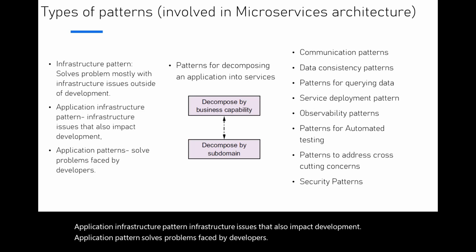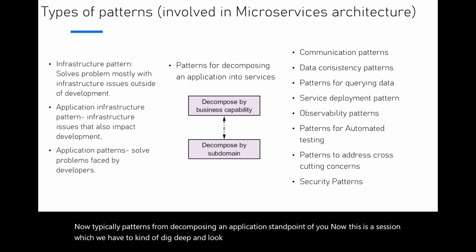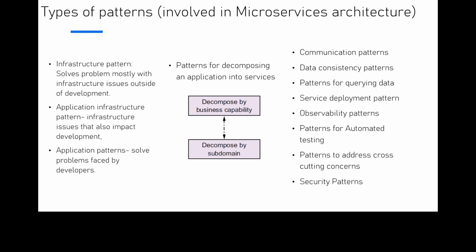Typically, there are patterns for decomposing an application, a session where we will dig deep into decomposing by business functionality or by subdomain. Some of the other patterns we will come across in microservices are communication patterns, data consistency patterns, patterns for querying data, service deployment patterns, observability patterns, patterns for automated testing, patterns to address cross-cutting concerns, and security patterns.